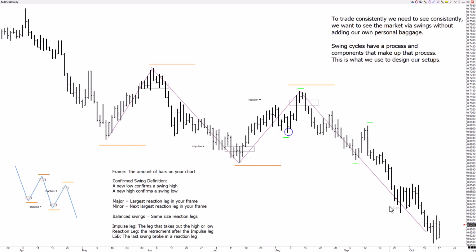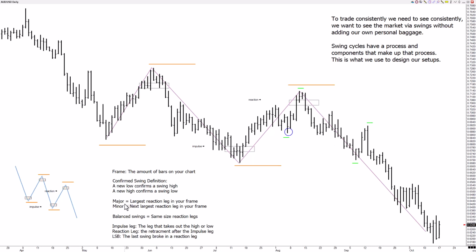Balanced swings, that's same size reaction legs, meaning they're in the neighborhood of being the same size. And what that is, it's showing you some kind of agenda in the volatility that they're hitting it around the same percentage. And it's good information to have in the market, and some of our setups are based on that.